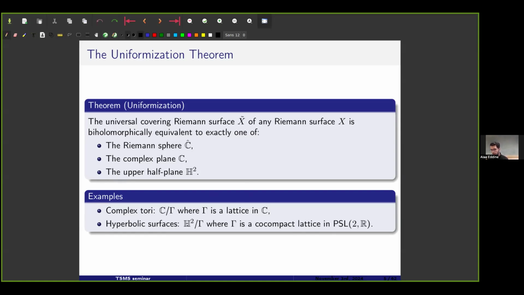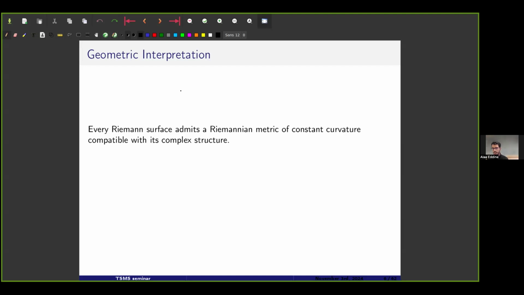So we can equip any closed Riemann surface of higher genus with a hyperbolic metric. And so that's the idea. From a complex structure, we have a Riemannian metric of constant curvature compatible with it. And we are going to see that the inverse is also true.